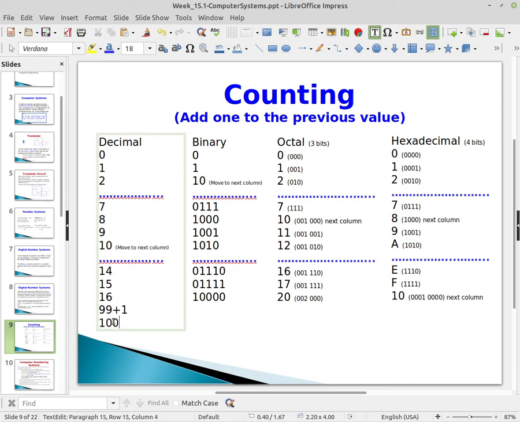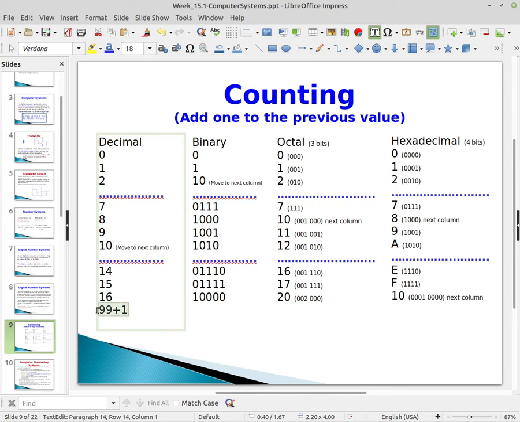So we would put a placeholder in the ones column again, and then we would also have to put a 1 in the tens column, and then we would end up with 100. So we have the hundreds column.